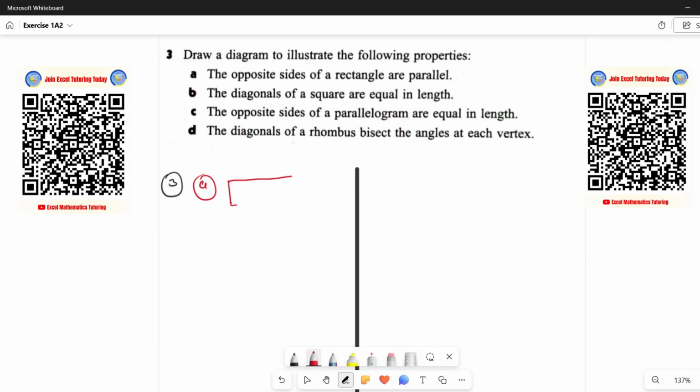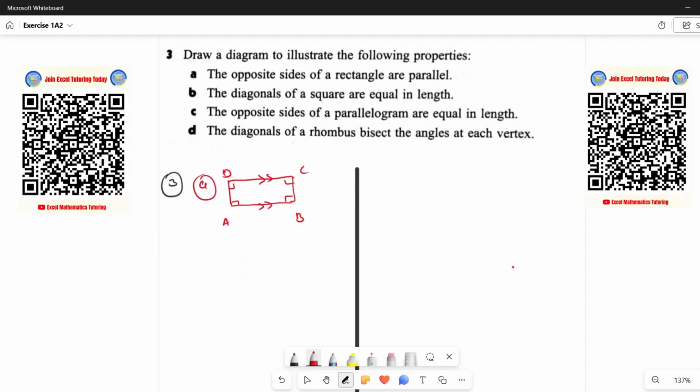Rectangle, we know each angle is 90 degrees. That is, A, B, C, D is a rectangle with each interior angle 90 degrees and opposite sides parallel.